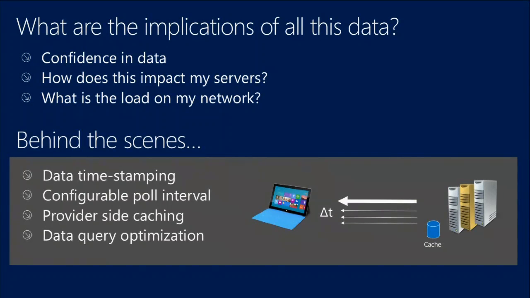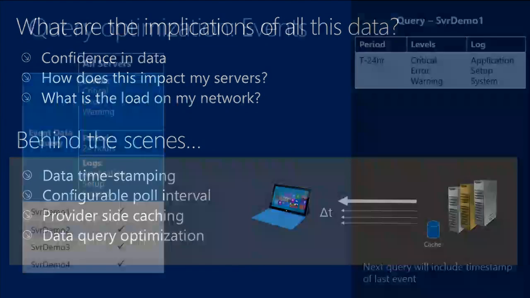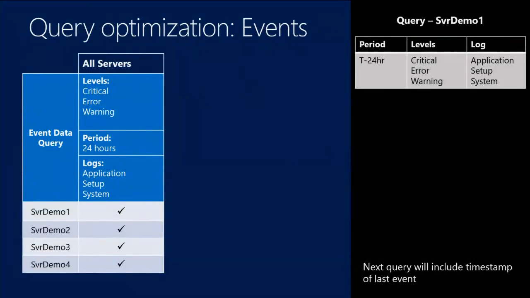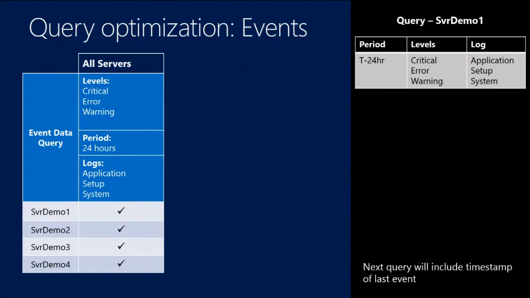And we also do data query optimization. On the Server Manager side, if we have to do several queries that could be optimized by not repeating some of the queries that we already know about, we will do that. Server Manager queries using some optimization logic only for the additional amount of data that it needs.